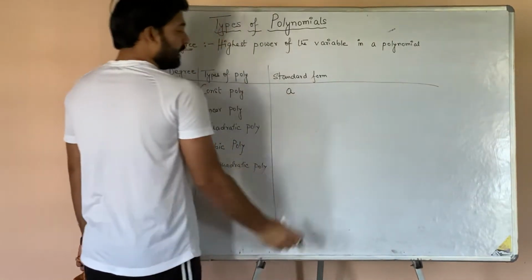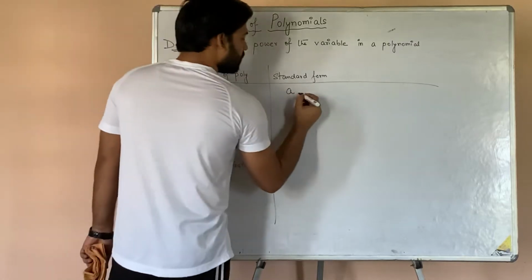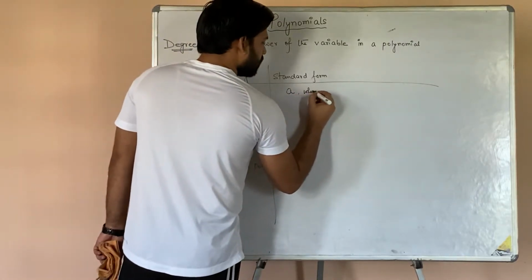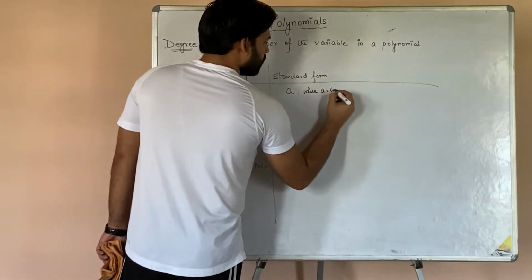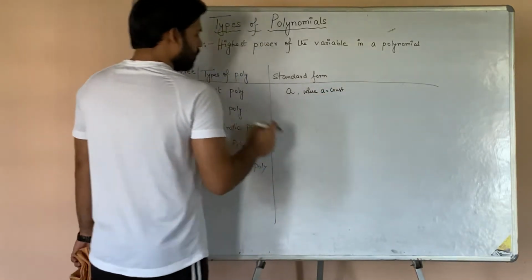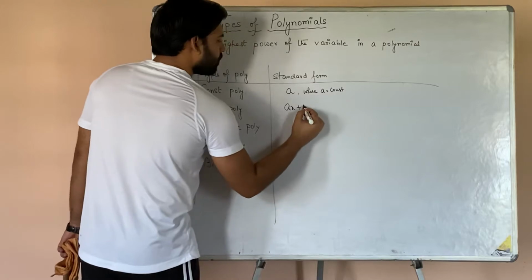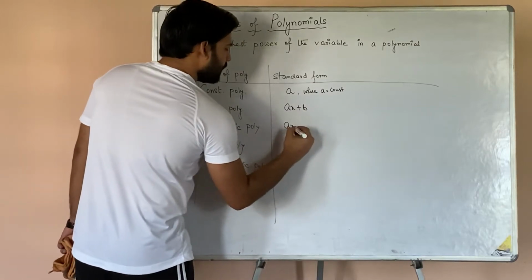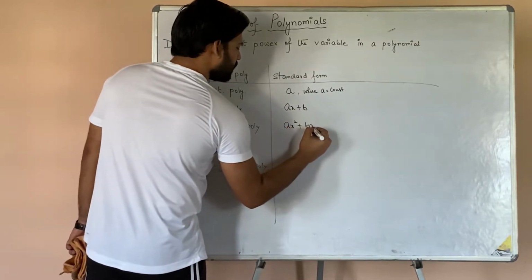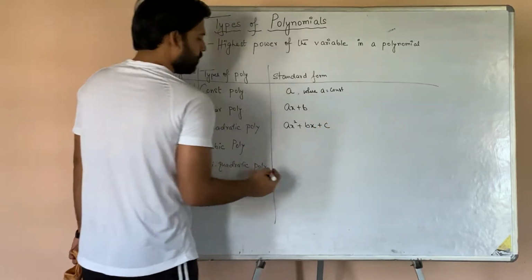This is simply a, where a is a constant. Here it would be ax plus b. Here it would be ax square plus bx plus c.